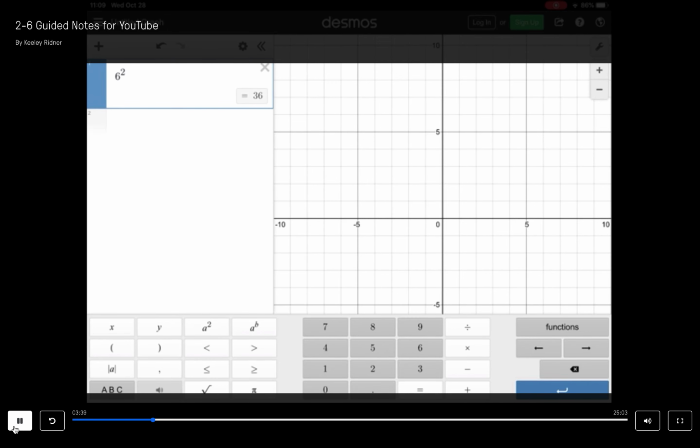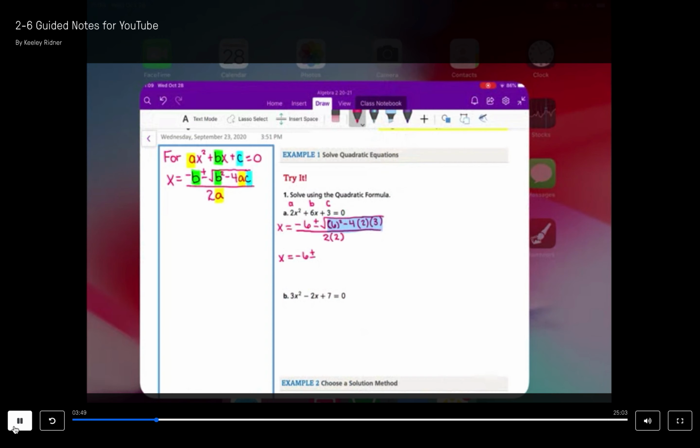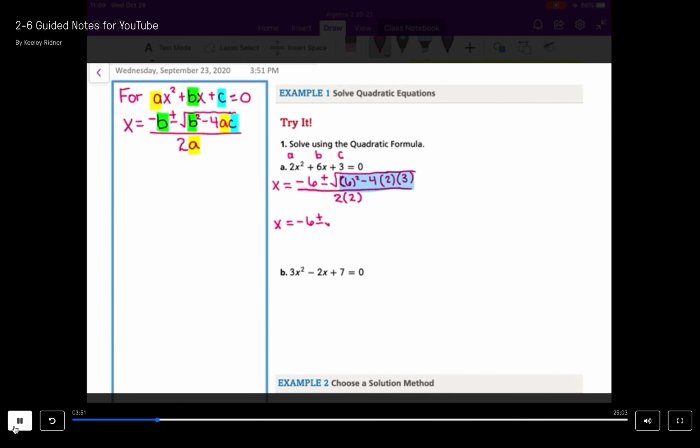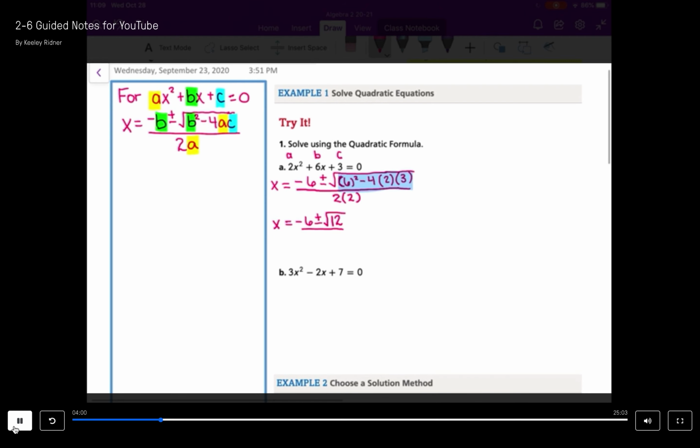And I get 12. So notice I did not type in a square root, so it's still hanging out there. Then I am going to simplify. 2 times 2 is 4. Now this is technically the answer.